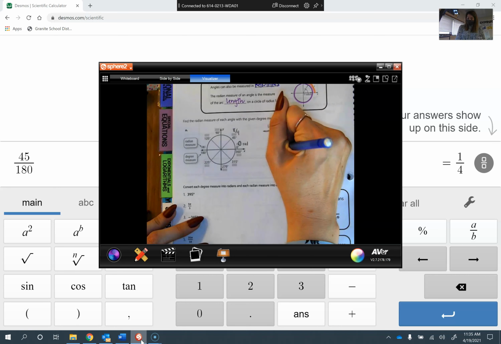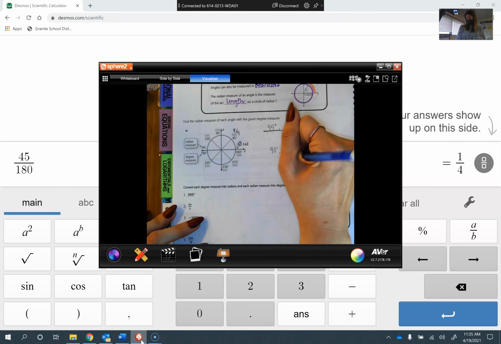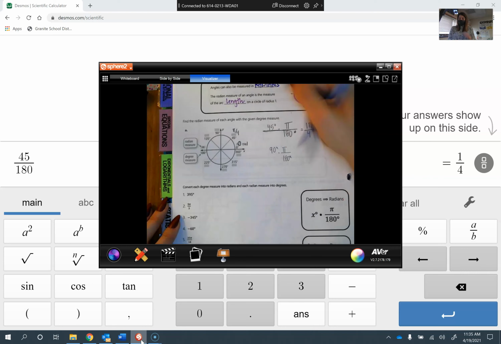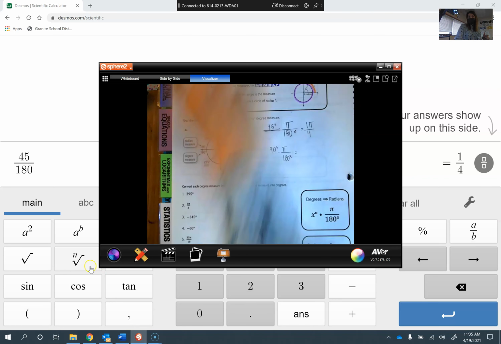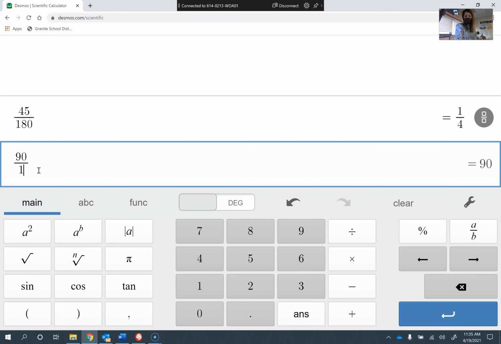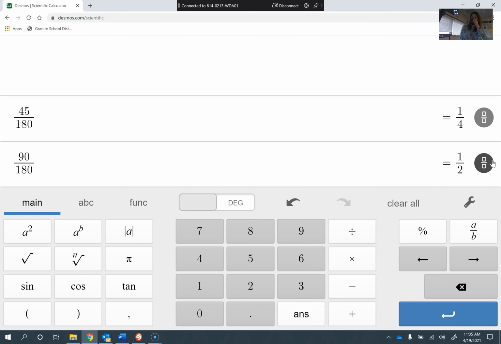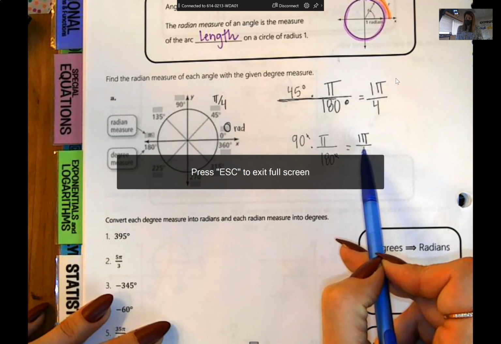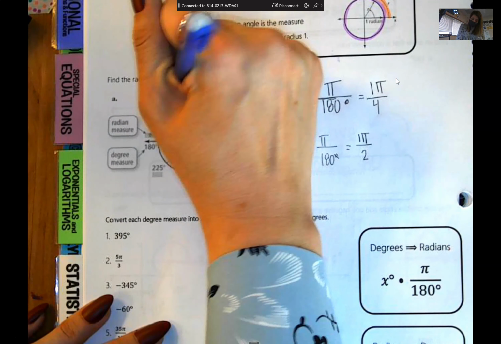Okay, now we do the same exact thing for 90. We do 90 degrees times pi over 180. The degree symbols go away, and what I type into Desmos is 90 backslash 180, hit the fraction button, and that gives you the top and the bottom. So 1 pi over 2. So that means 90 degrees is the same thing as pi over 2.